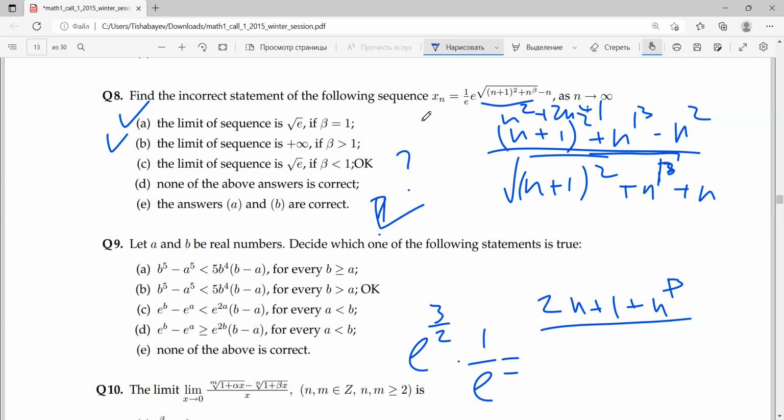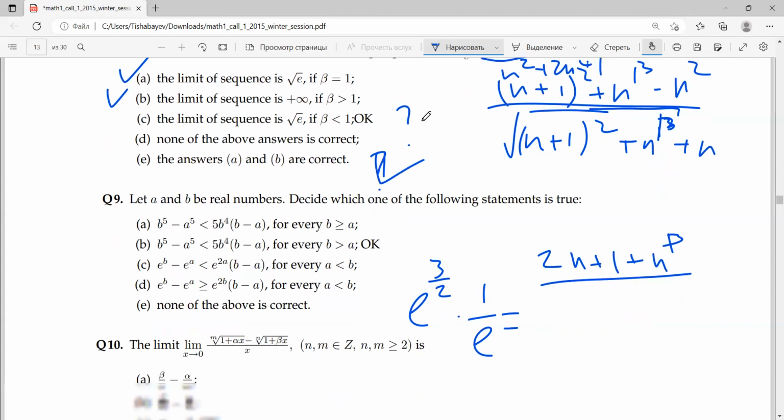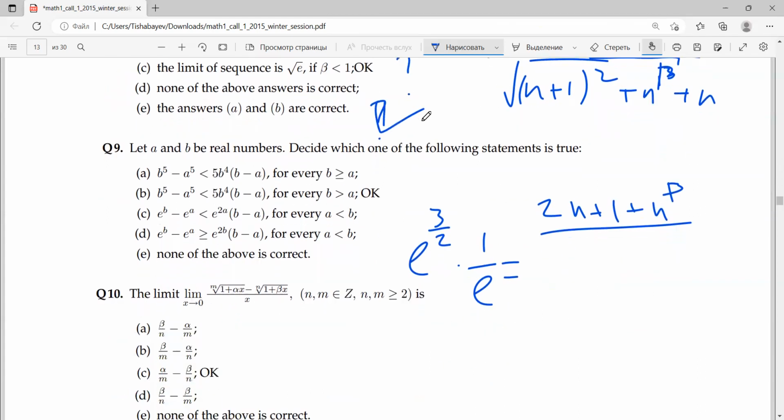Okay, let's finish with this sample. Number 9. Now let A and B be real numbers. Decide which one of the following statements is true. So here we have inequalities.